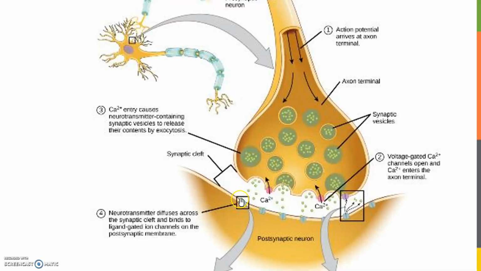That receptor is attached to a gated channel, and that channel will open, and sodium, or some ion, will come in and change the voltage across the membrane of that postsynaptic neuron.